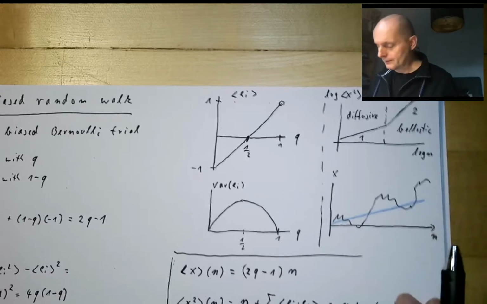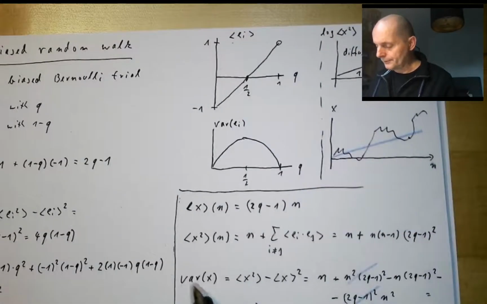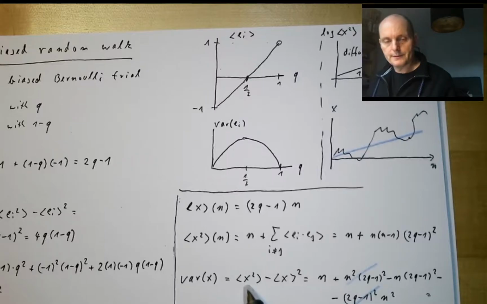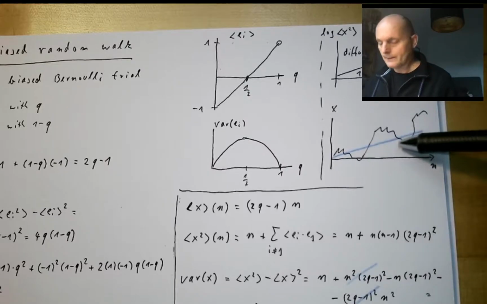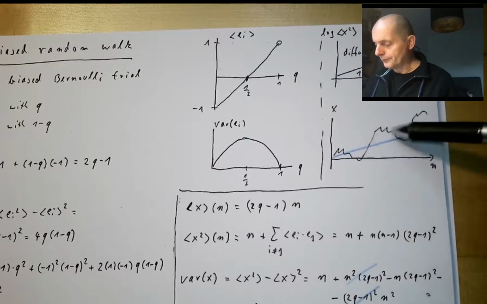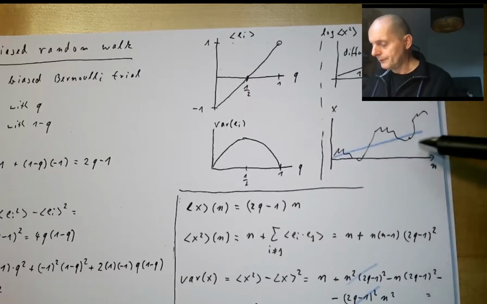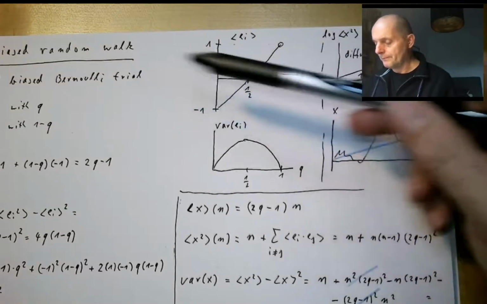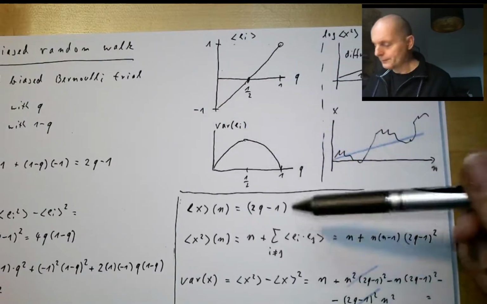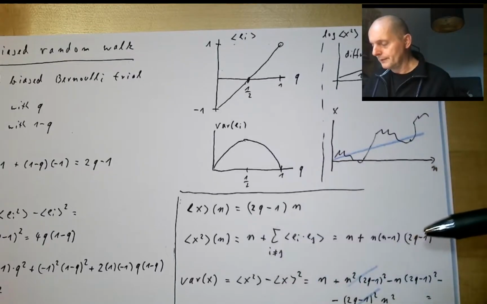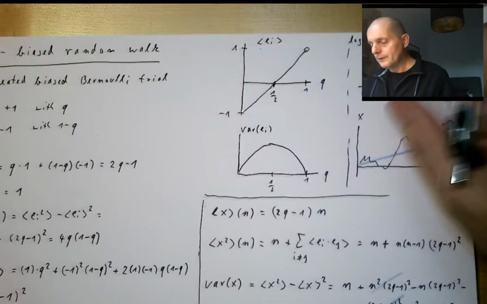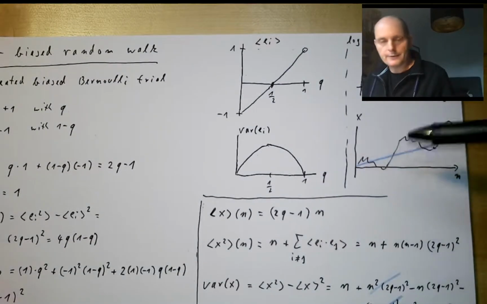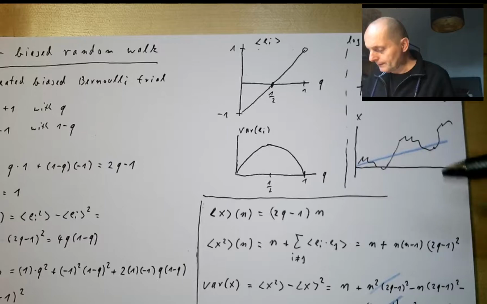But if we use the variance instead of the second moment, we find the variance increases again linearly in time, so it's a diffusive behavior. So when we have a biased random walk, we always have to subtract the mean from the random walk.